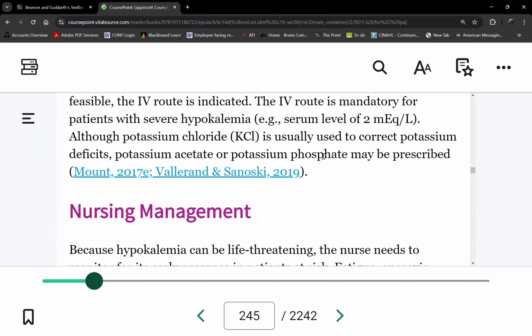Not anymore. There are only two places you can see potassium vials: the ER and the pharmacy. I don't even know why they keep them in the ER. They should really be only in the pharmacy. There is no KCl vial in the crash cart because there's no reason for us to give concentrated potassium at all.